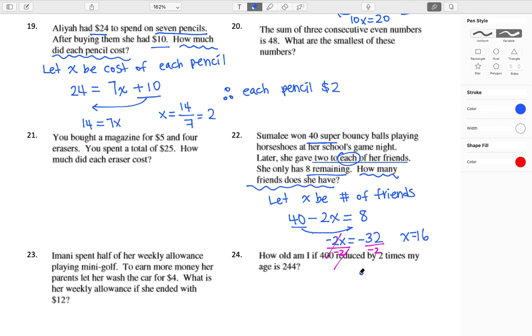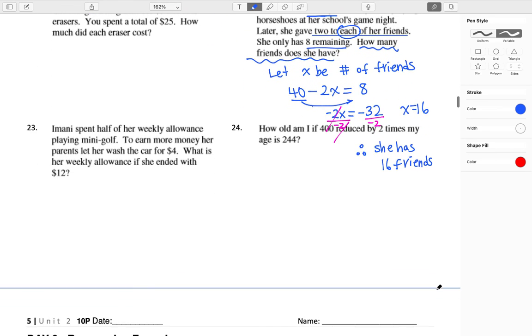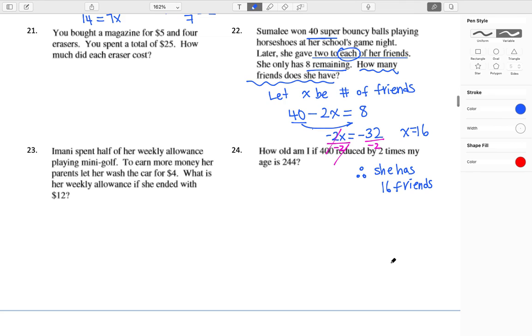So what does that mean? Therefore, she has 16 friends. Okay, very good. And that's it.